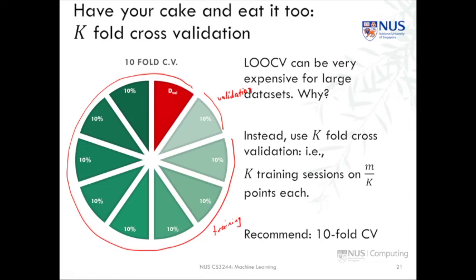We can obviously rotate this slice to the next one and the next one, performing a total of 10 different experiments with 90% of the data for training and 10% for testing.